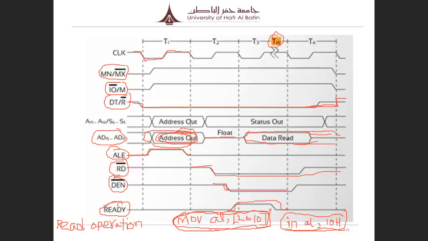So if 4 clock pulses are not enough to finish the job, if it needs more clock pulses, then the ready signal is active during the T3 time. So is it clear so far? Is it okay?